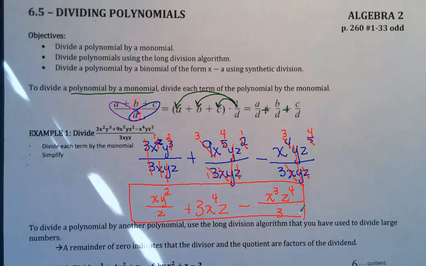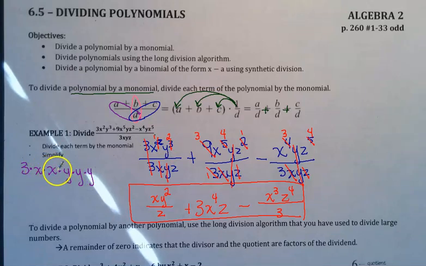Now, if it's a struggle to understand why these things canceled, please come and talk to me. I'll show you really quickly. I'll simplify one of them out. Let's take the first one. We have 3x squared, which means 3 times x times x, and then y cubed, which means times y times y times y.